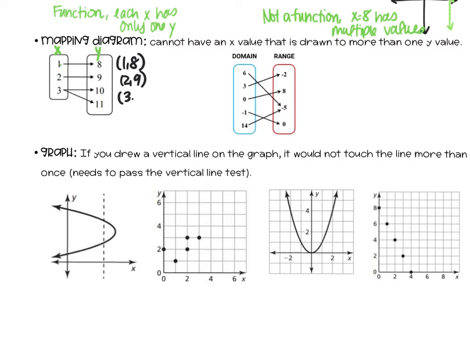And then this one has 3, 10, but it also has 3, 11. So this one would not be a function. You could say 3 has a value of 10 and 11, or x value of 3 repeats, anything like that.